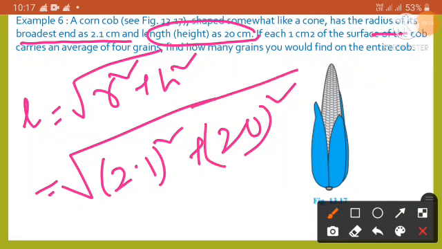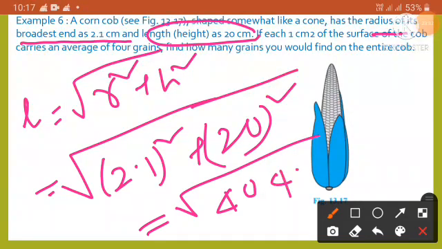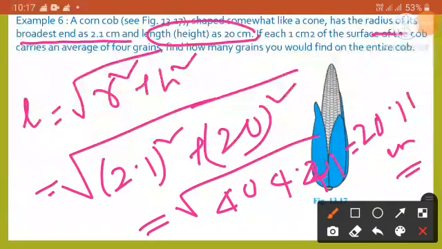If we do this, we will have root over 404.41. If we find out the value of this, then we will have 20.11 centimeter as the slant height.